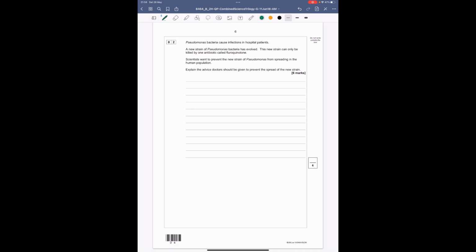Well, it can all come down to, first of all, the severity of illness. They must only prescribe it if it is severe illness. If not, let the patient's immune system deal with it.